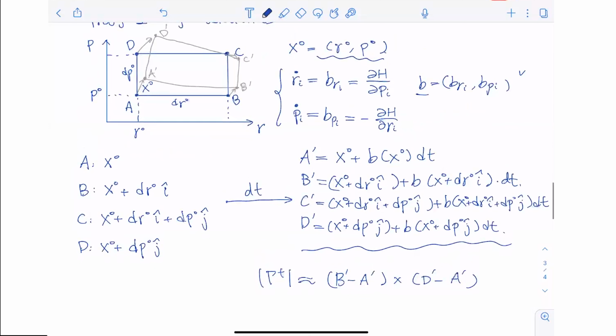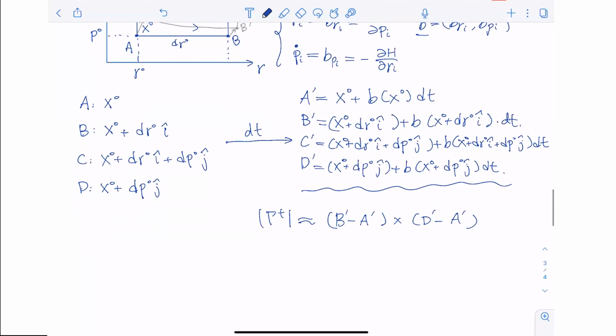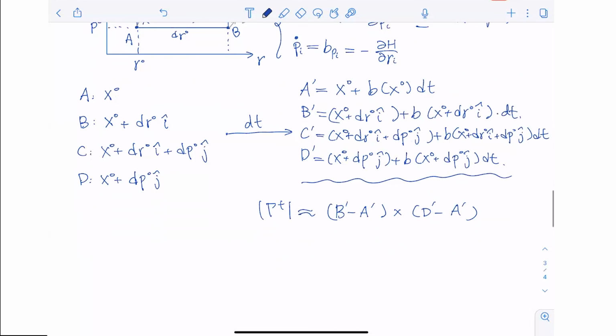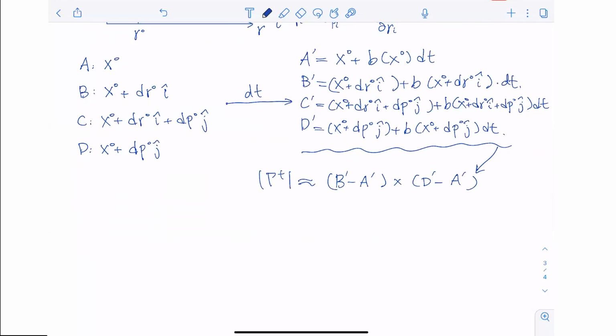B prime minus A prime will be this vector, and D prime minus A prime will be the other vector. We know in this simple 2D system, the volume is just the cross product of these two vectors. So you just brute-force insert everything into this expression, and then you'll see what this thing will look like.